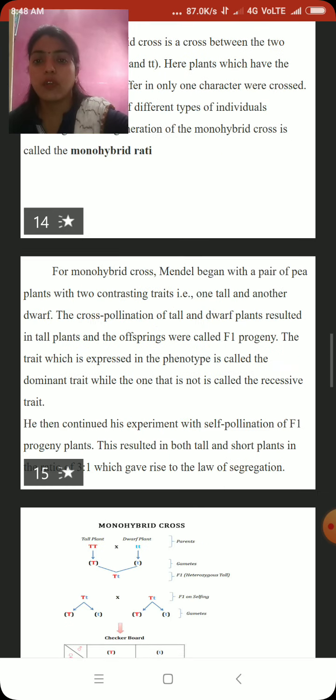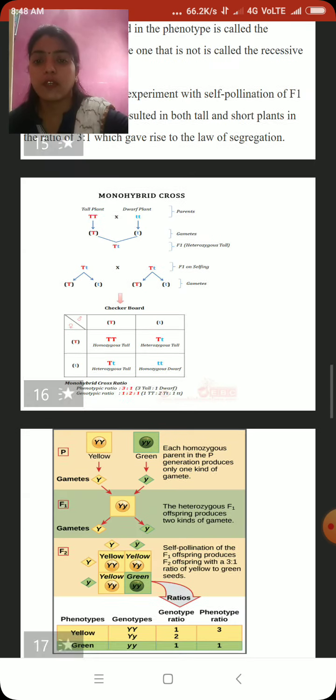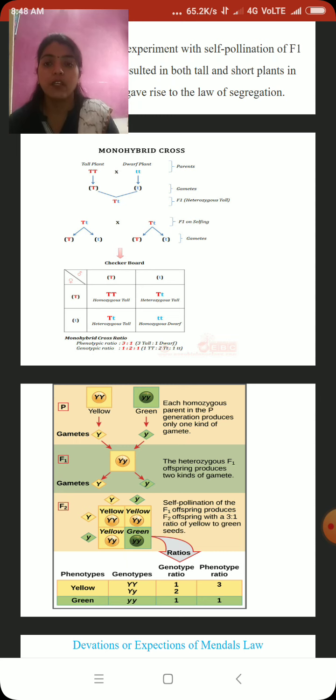This monohybrid cross is explained with the help of the same example. We have already seen that in the law of dominance, the F1 generation progeny are all tall, but on selfing this tall progeny, the progeny formed in the F2 generation are in the ratio of 3:1. This 3:1 is the phenotypic ratio, and 1:2:1 is the genotypic ratio.